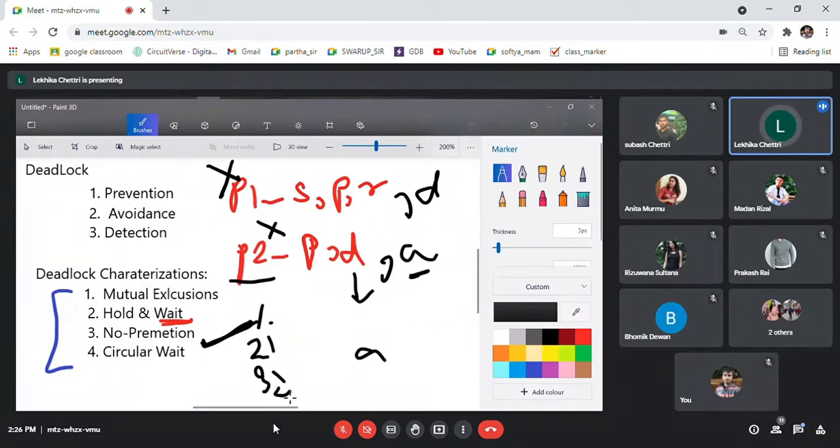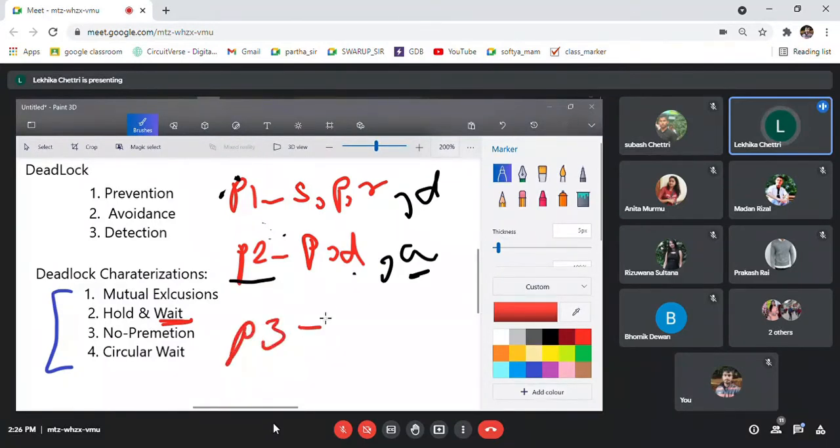Now, fourth is circular wait. Circular wait is, let us say now I have process P3.